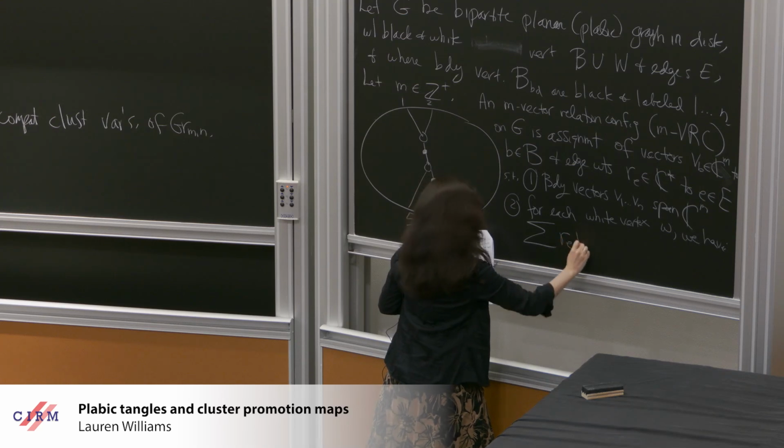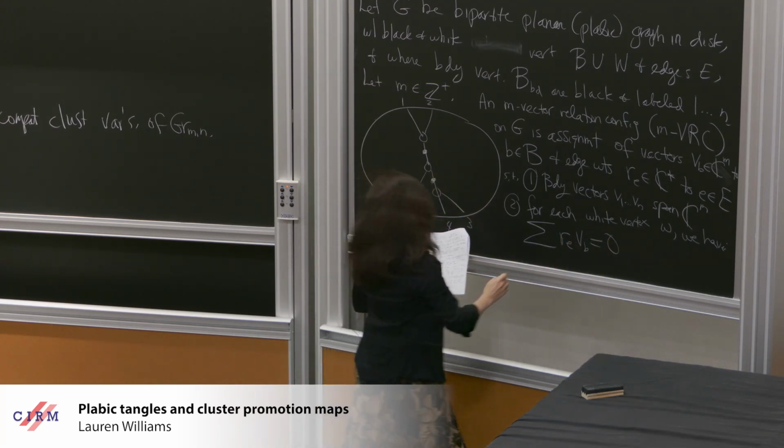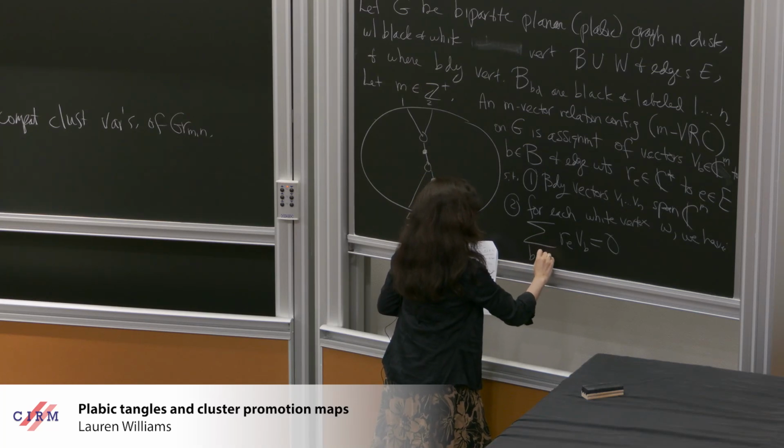So the sum of R_E V_E is 0, and this is for all black vertices incident to the white vertex.